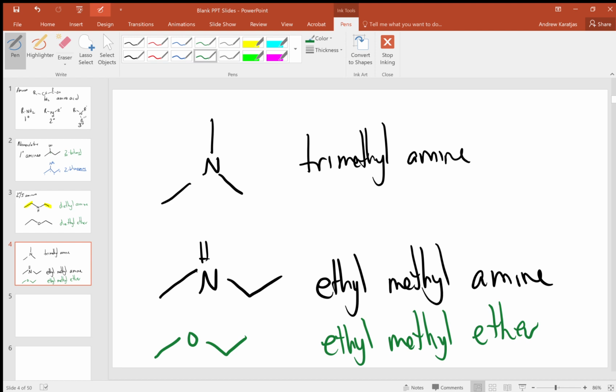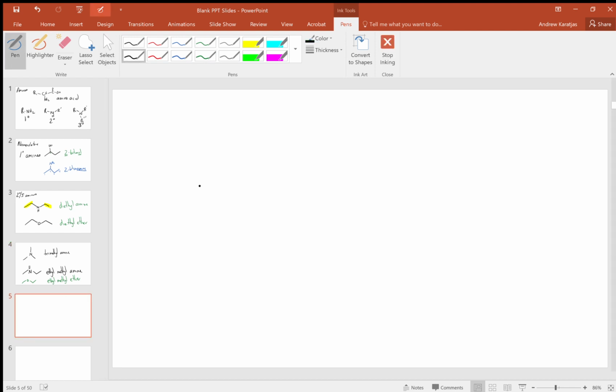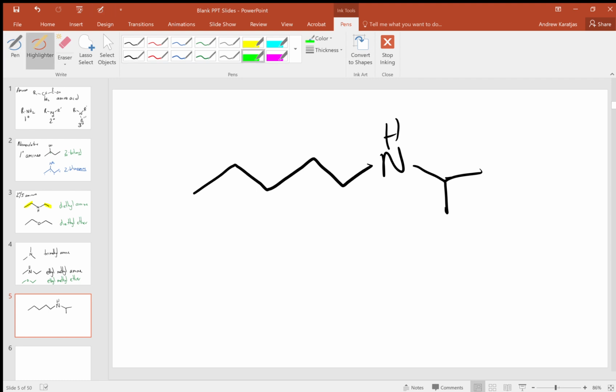Now, what happens if things get a little bit more complicated? Well, in a case like this, what we would do is we would use the nomenclature we learned for primary amines to name the longest chain.